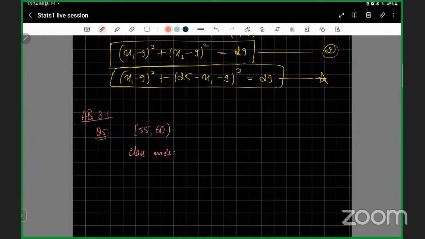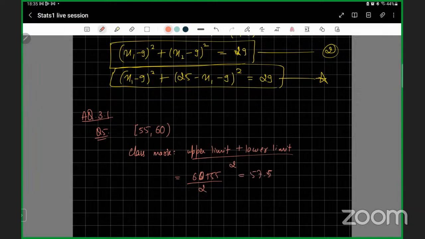Class mark is the average of the upper class limit and lower class limit, divided by 2. So 60 plus 55 by 2. It comes out to be 57.5.